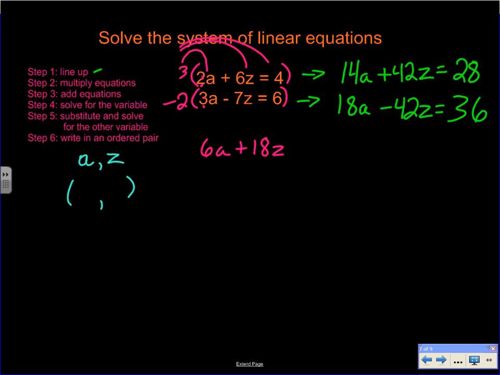And 3 times 4 is 12. On the bottom, negative 2 times 3a is negative 6a. Negative 2 times negative 7 is 14z, and that's a positive 14z. Negative times a negative becomes a positive. And negative 2 times 6 is negative 12.